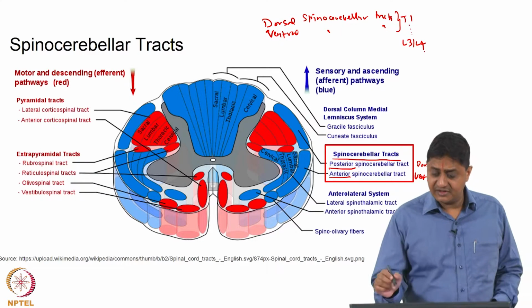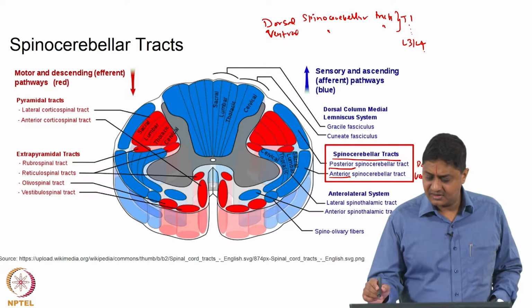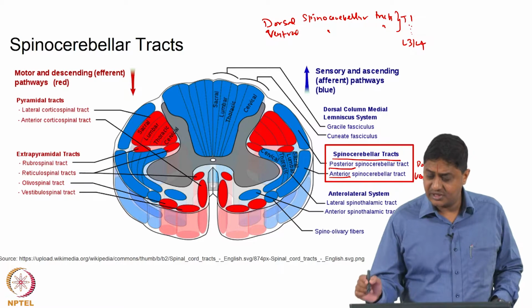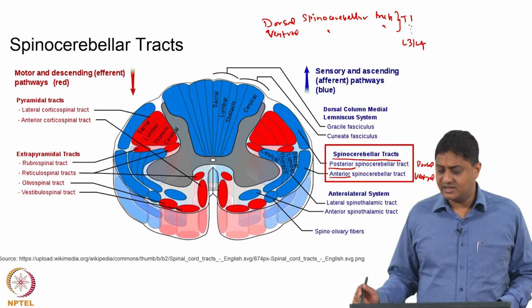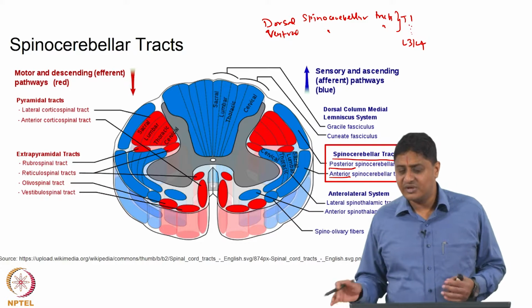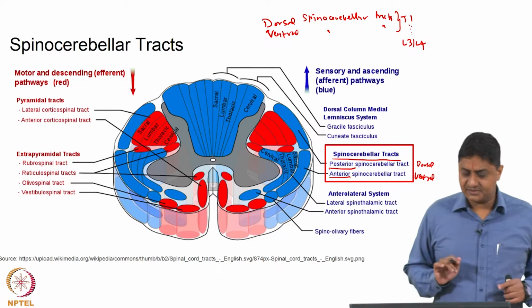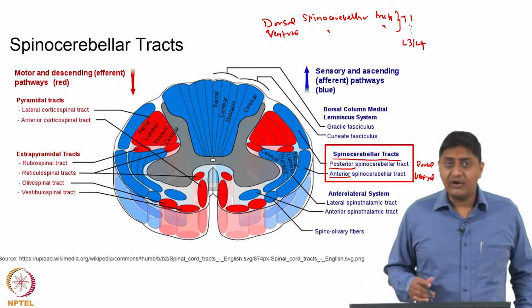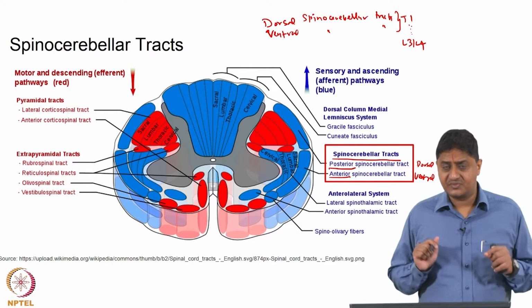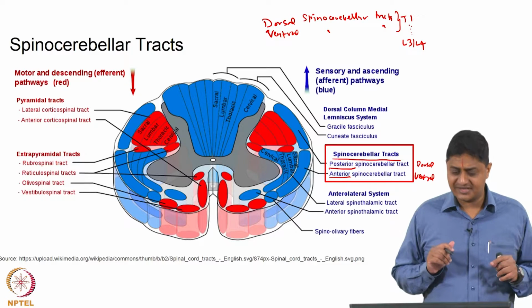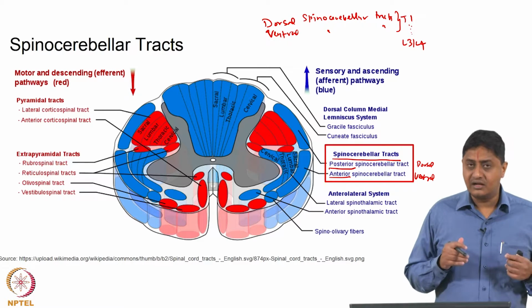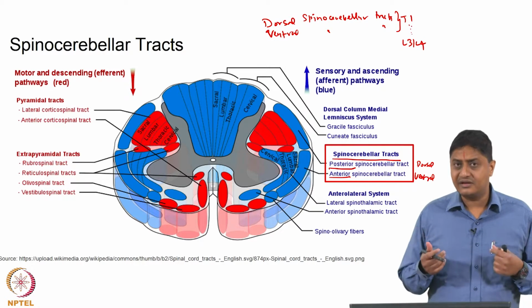So if the dorsal and ventral spinocerebellar tracts start from T1 and continue until L3, L4, basically they are bringing information from the thorax and parts below the thorax, for example the hind limbs. What about the forelimbs and parts above the thorax, for example the neck, hands and arms?